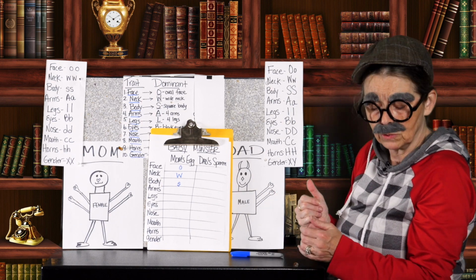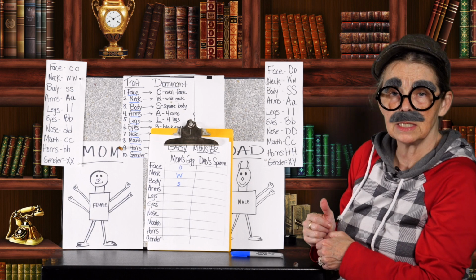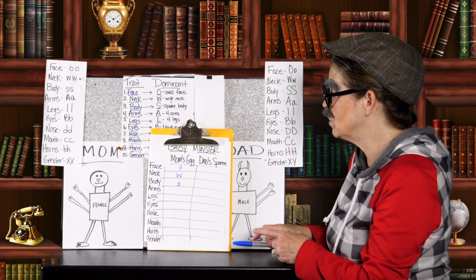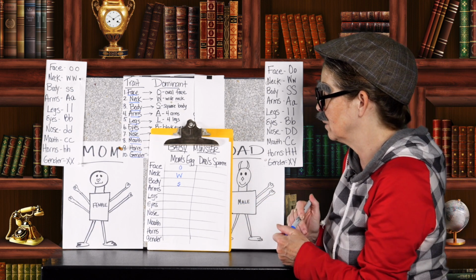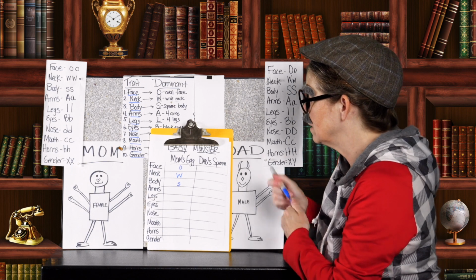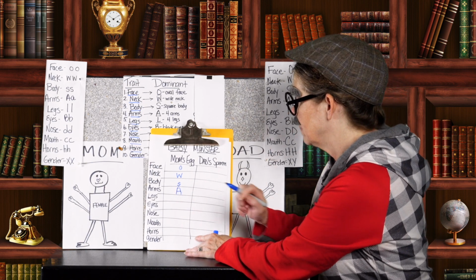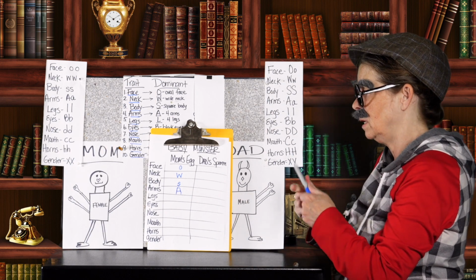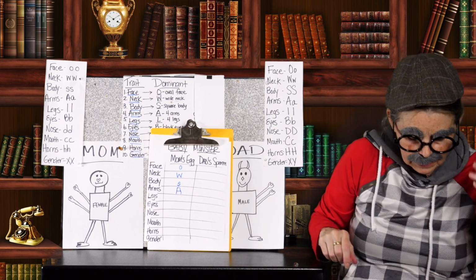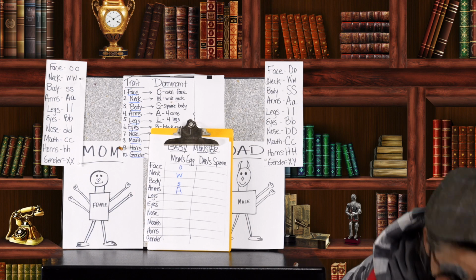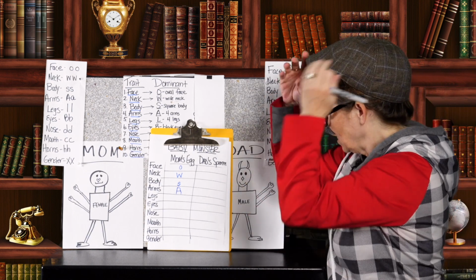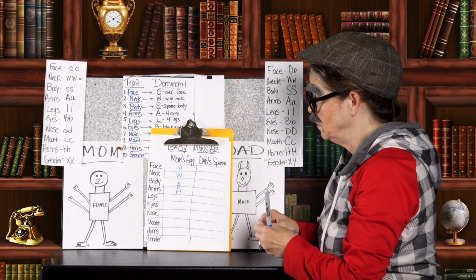It fell on the floor. It says heads, okay? And so heads is dominant here, and therefore she's going to pass on the bigger A, okay? Let me get my water. Got it. All right. Now, moving on.